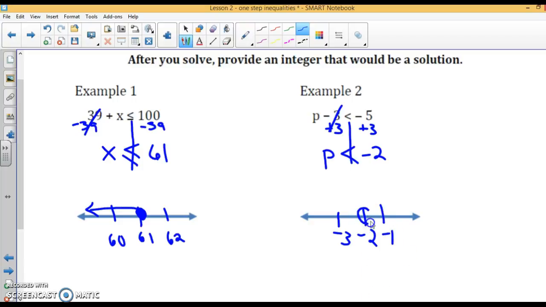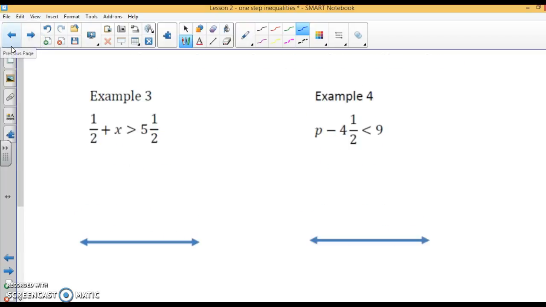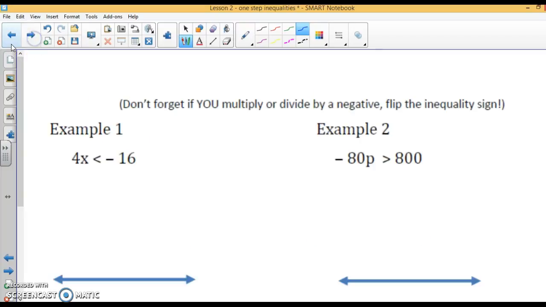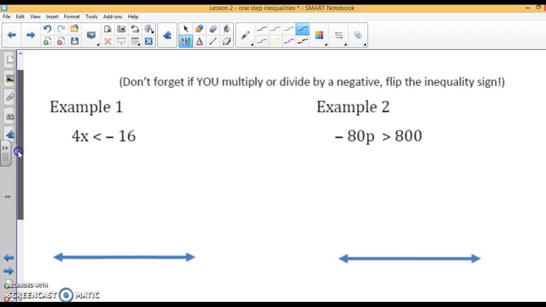Less than. I'm going to use an open circle, because remember, when it's just less than or greater than, it's an open circle. Less than is to the left. Now, don't forget, if you multiply or divide by a negative, you need to switch the inequality.